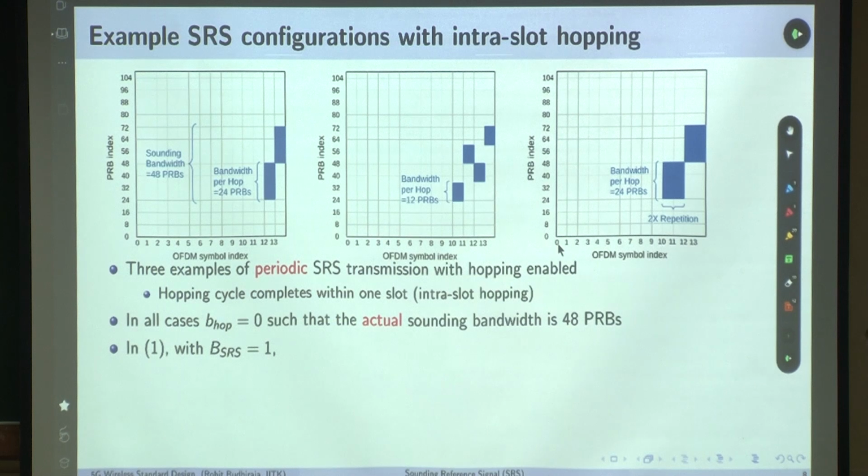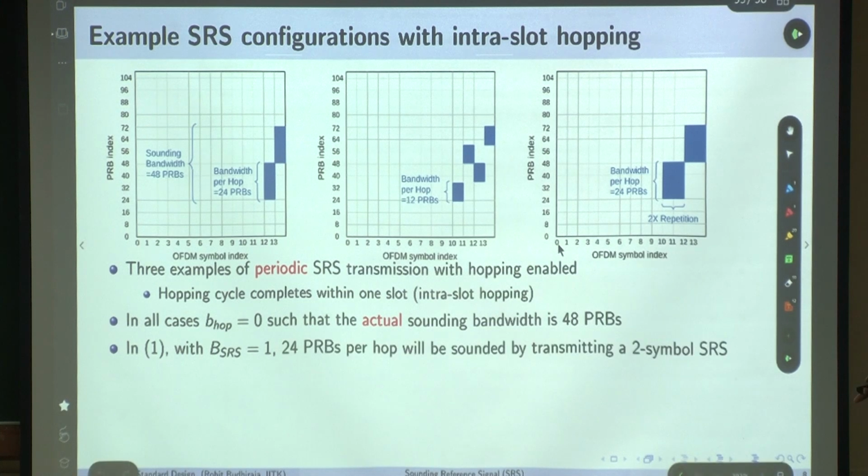And how many hops will you need? In each hop, how many PRBs are you sounding out? That is defined in the table, 24. Total is 48, so 2 hops, correct. So 24 PRBs will be sounded by transmitting a 2-symbol SRS. That is what is happening.